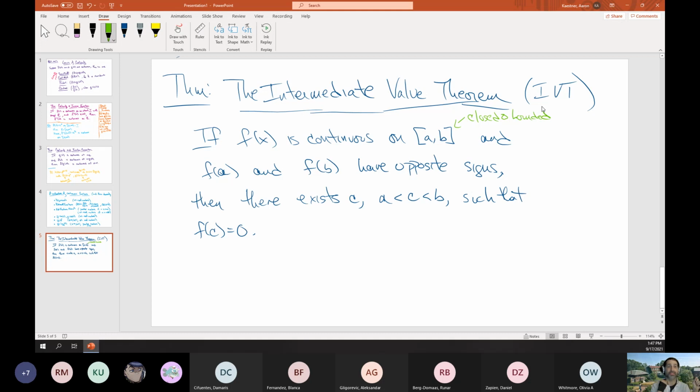All right, so if f of x is continuous on the closed and bounded interval from a to b, and f of a and f of b have opposite signs, then we know that there exists some value c between a and b such that f of c equals 0.